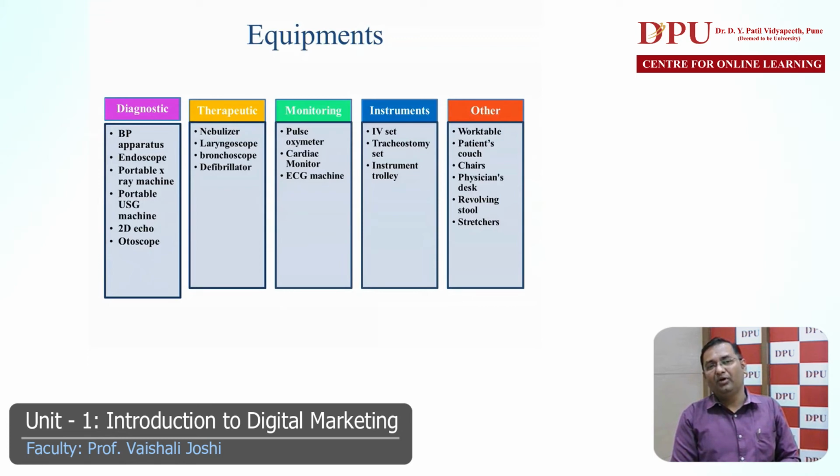They must provide proper 2D echo support for making the 2D echocardiograph of patients. Then there should be proper availability of the otoscope for observing any foreign body infection in the patients. These are the various diagnostic services of the OPD wing.